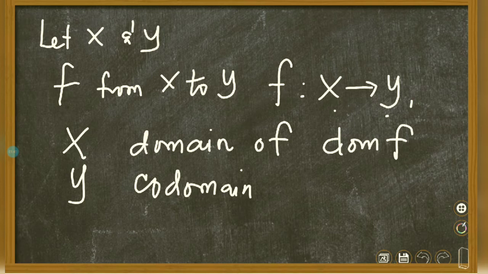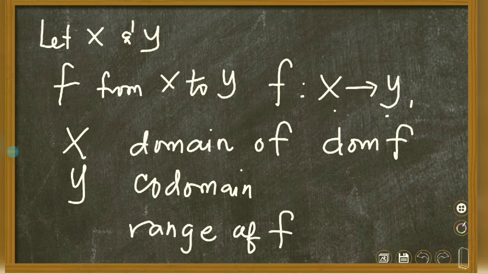Note that all elements of x must be assigned to some elements of y. Not all elements of y are necessarily assigned to some element of x. So the set of all elements of y that are assigned to some element of x is called the range of f, or the range of the function.